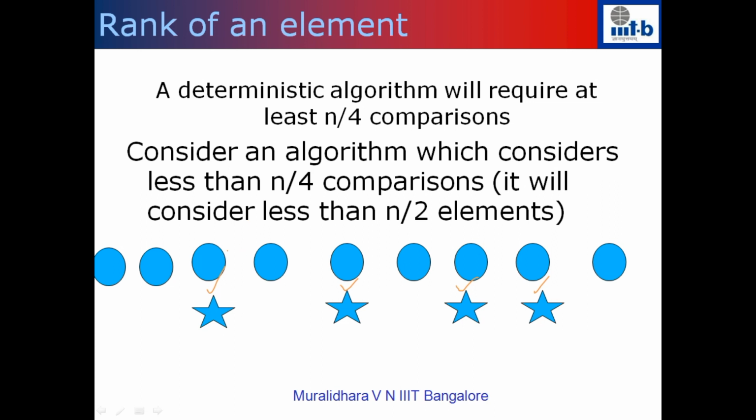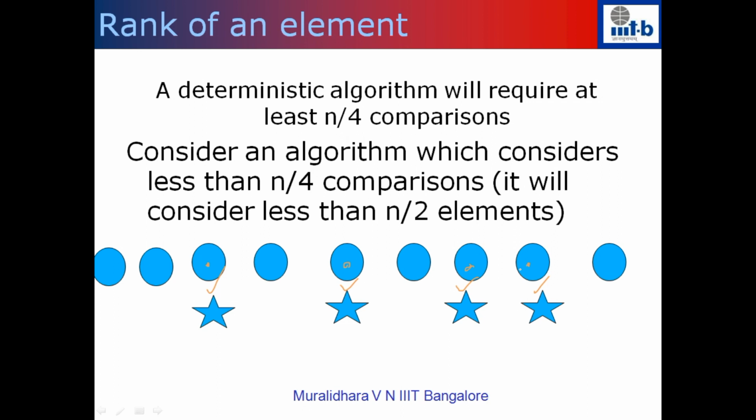So I look at all these locations, and the number of locations is smaller than n by 2. I place numbers which are all smaller than the median in these locations. Since there are n by 2 numbers smaller than the median, I can place them in the locations where the algorithm is going to make the comparisons.